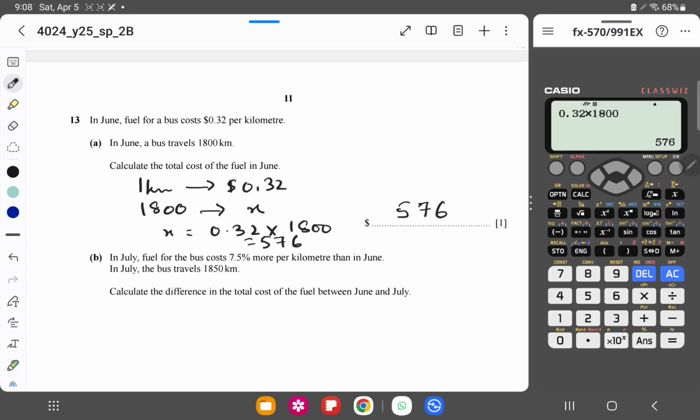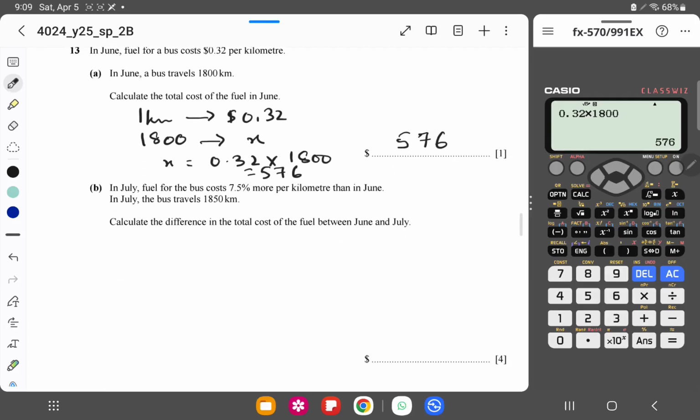Okay. Now the next part for the same question, part B. In July, fuel for the bus costs 7.5% more per kilometer than in June. In July, the bus travels 1850 kilometers. Calculate the difference in the total cost. So the cost in July is increasing.